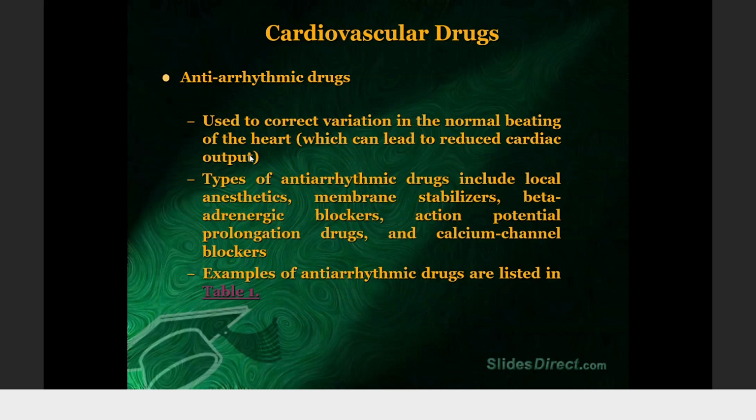If your heart is not beating properly, it will lead to reduced cardiac output. There are types of anti-arrhythmic drugs. They can be divided into 1, 2, 3, 4, 5 classes of drugs. Examples of these anti-arrhythmic drugs are in table 1.